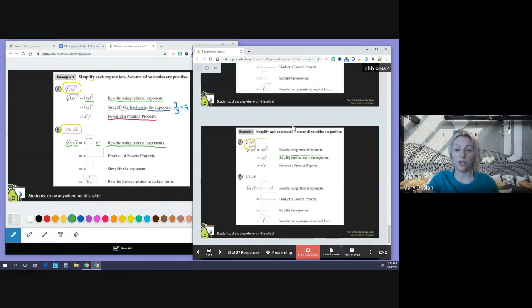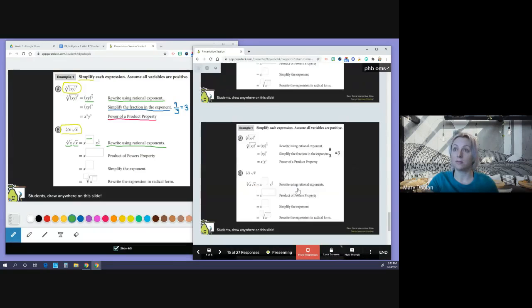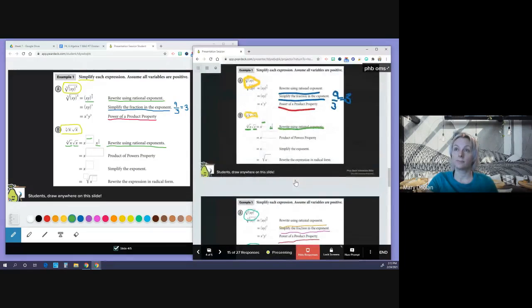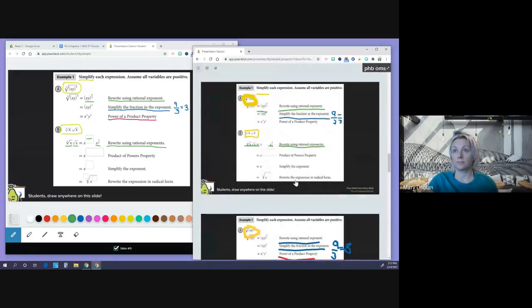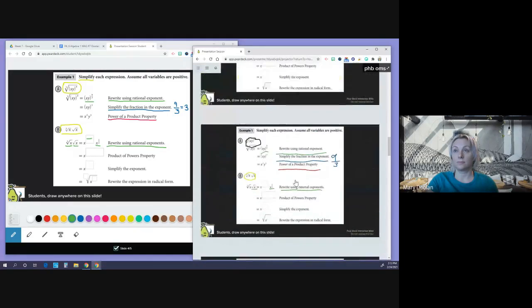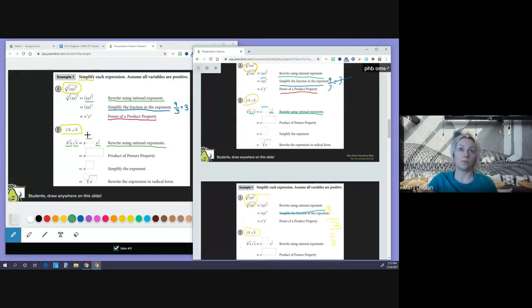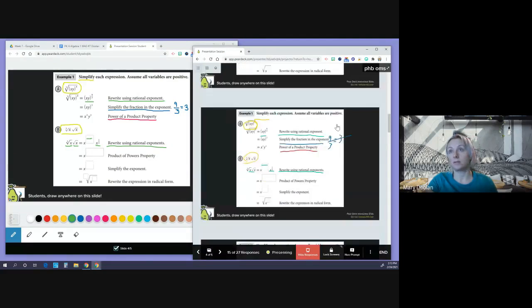Remember, you should all be in your Pear Deck working on this. When this was the square root of x, it became x to the 1/2 power. Now we have the 5th root of x, so this is x to the what? What goes in the box?